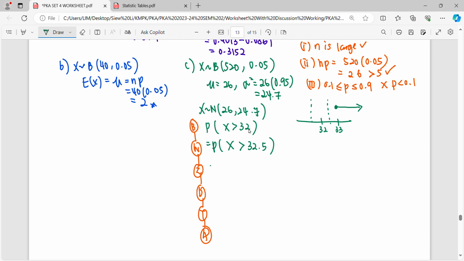After it becomes normal, we change it to Z, where it will be X minus mean over standard deviation, the square root of 24.7. Round it off to 2 decimal places: 1.31.